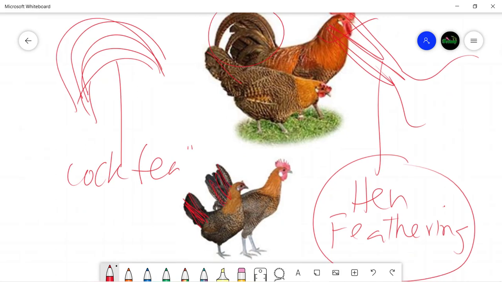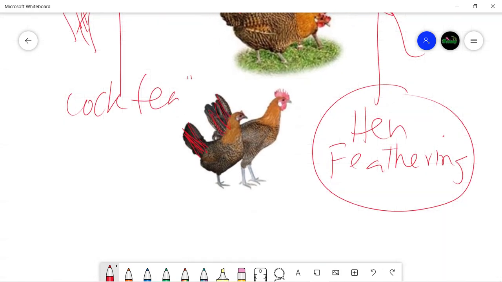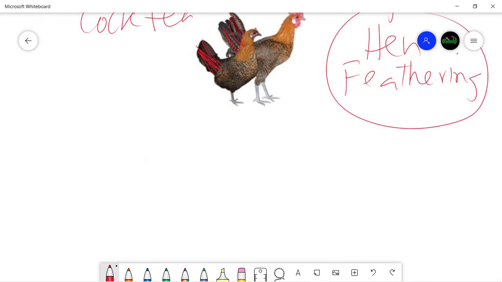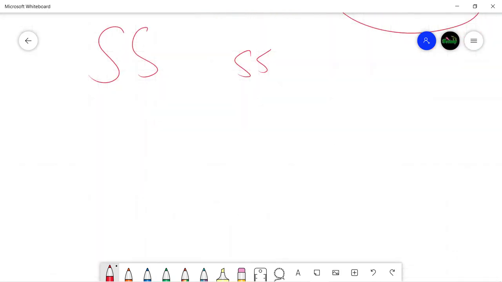So these two traits, hen feathering and cock feathering, are because of two pairs of alleles. They are dominant and recessive, and let's see their patterns of inheritance in both the sexes.